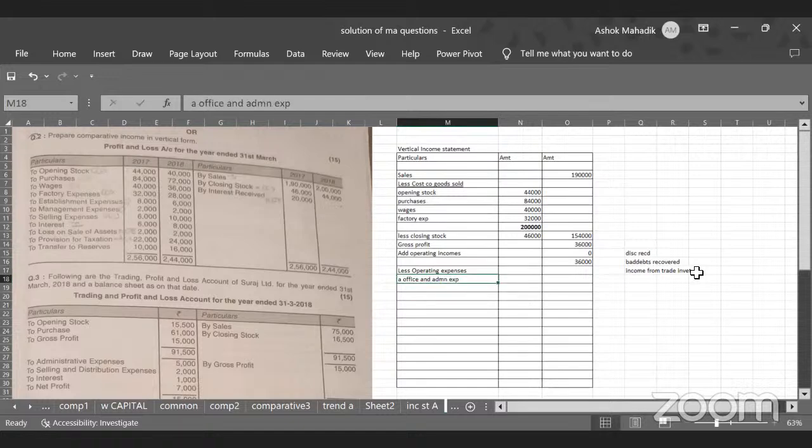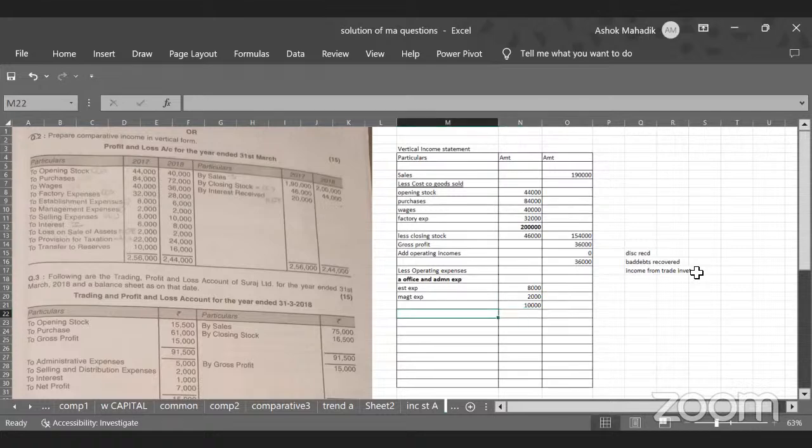Under this, tell me which items you will cover. Establishment expenses. Establishment expenses means office expense. How much? 8,000. Then management expenses, 2,000. Only these 2 items are there for office admin. So 10,000 is the total.